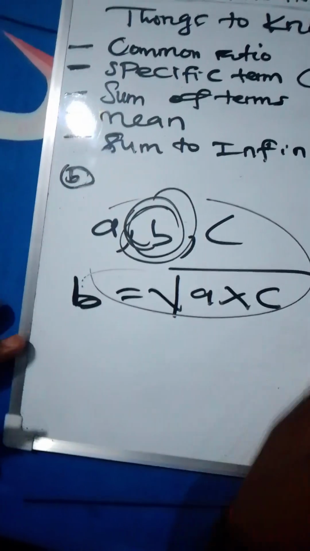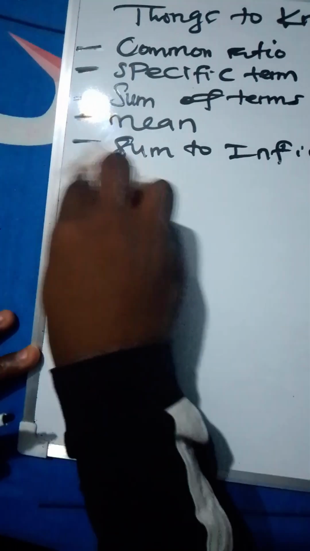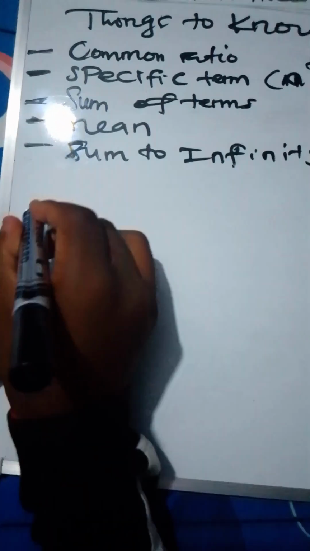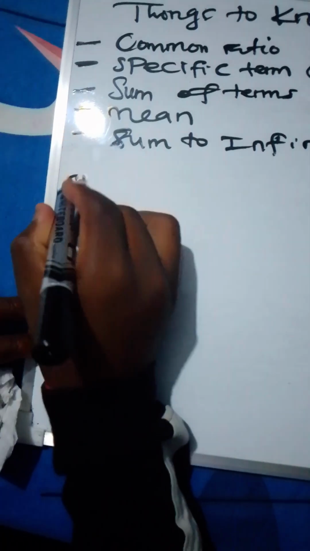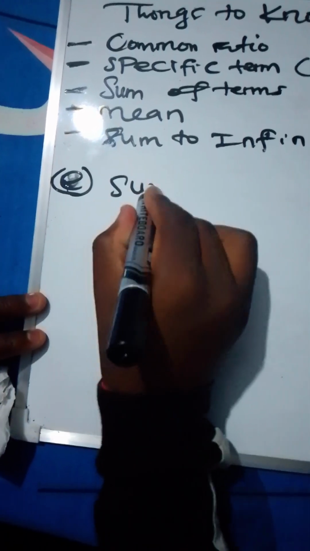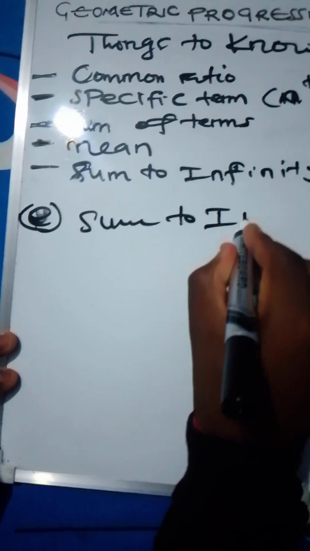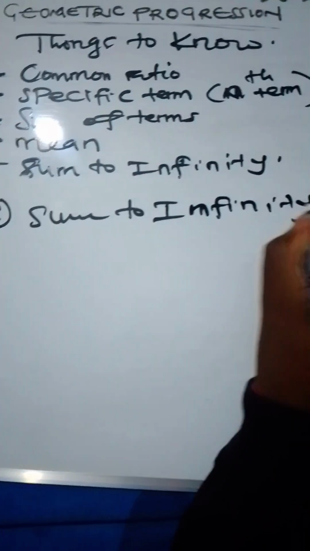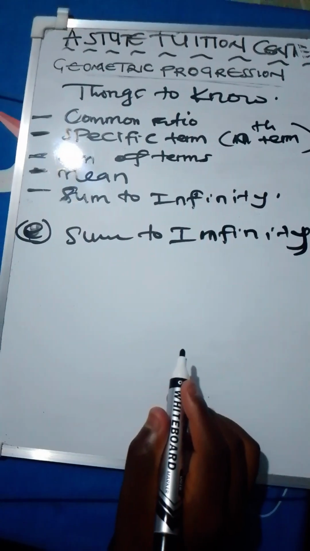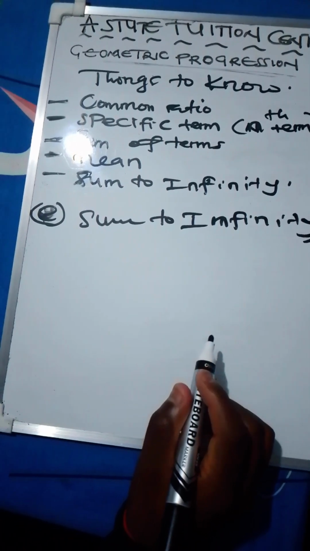We can now talk about the last part, which is the sum to infinity. How do we find the sum to infinity?